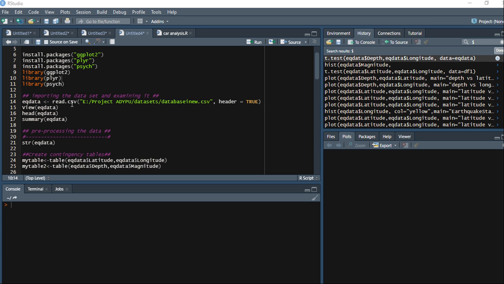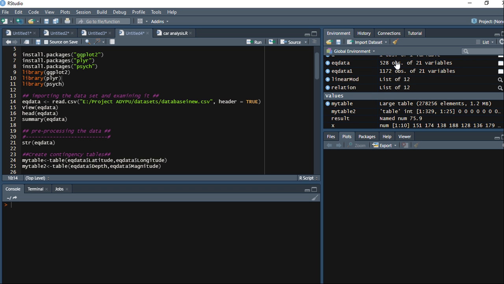The next step is importing the data set and examining it. We have used a data set of around 528 observations. Let us have a look at the data set.